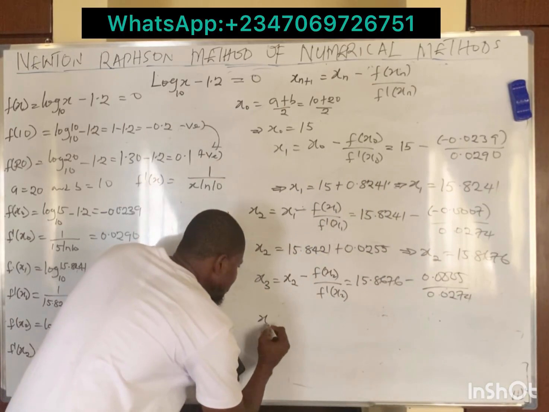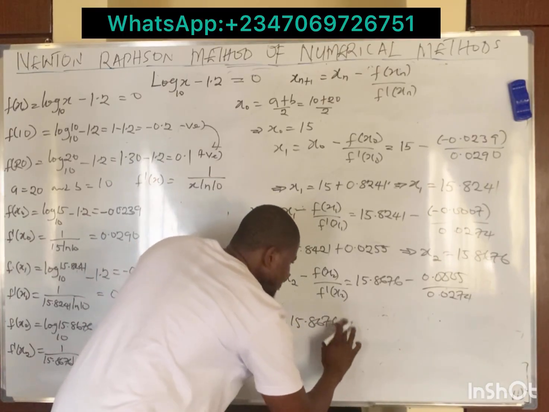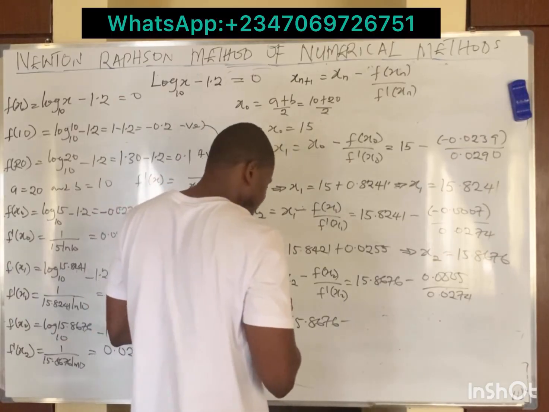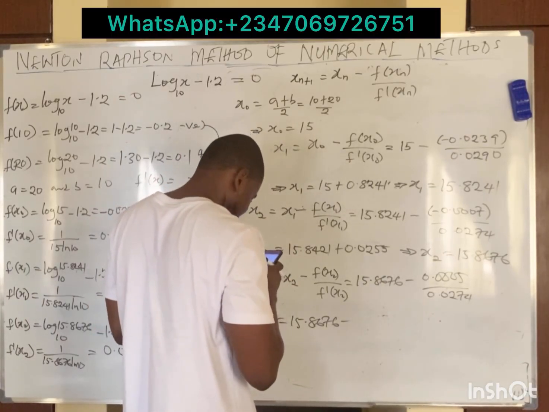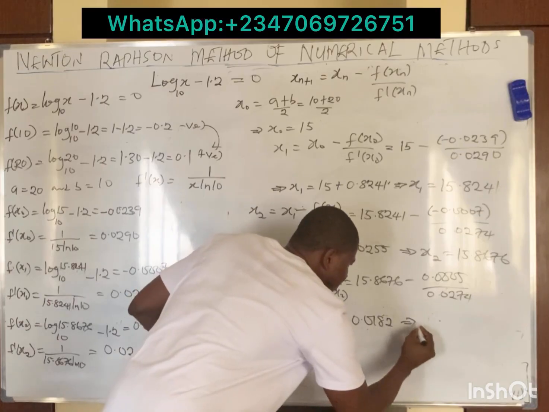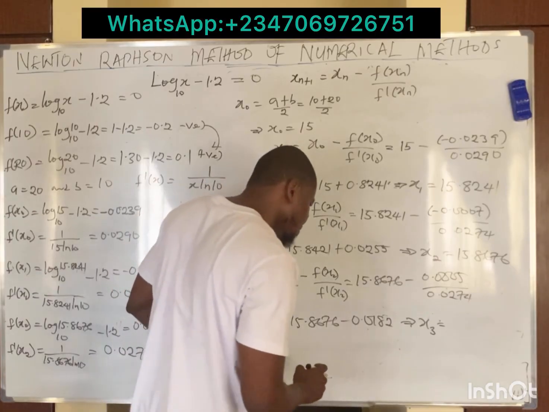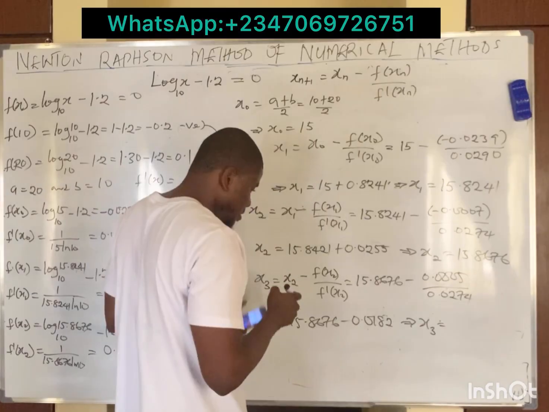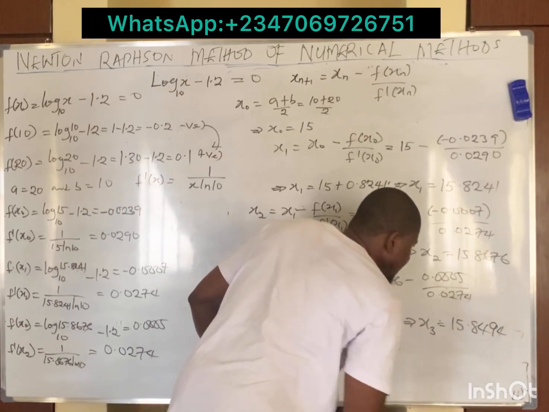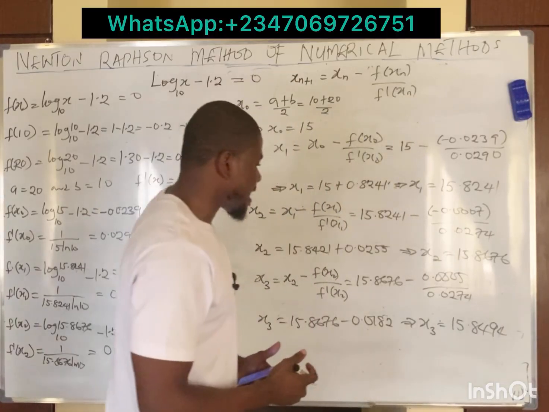This means the third root x3 equals 15.8676 minus, so let's find this ratio, 0.0005 divided by 0.0274. That gives us approximately 0.0182. So our third root is going to be 15.8676 minus 0.0182, which gives us approximately 15.8494. Okay, so the root is still jumping, so we keep on iterating.